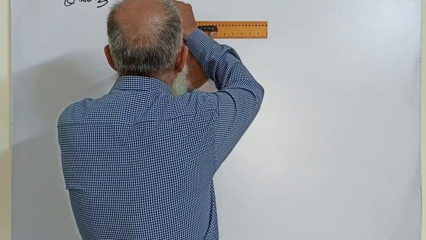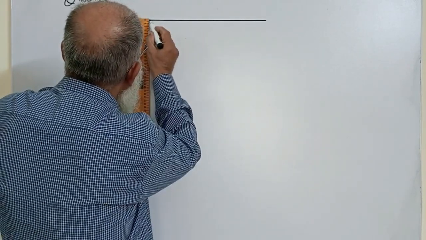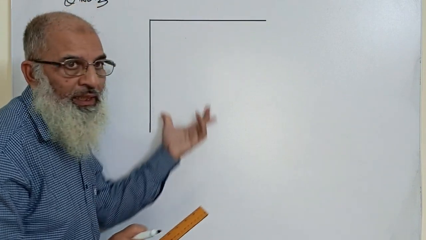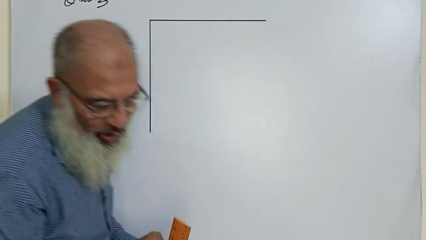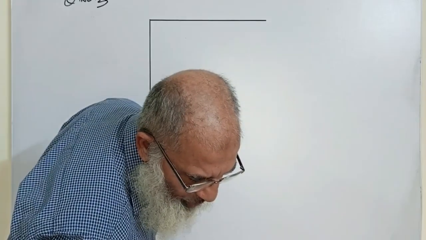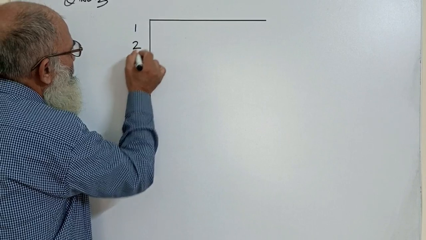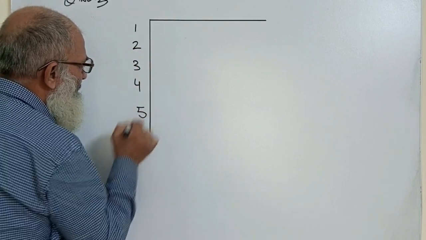This is the stem and leaf diagram which has already been given to you. These lengths are in centimeters. 1, 2, 3, 4, 5 are the stems.